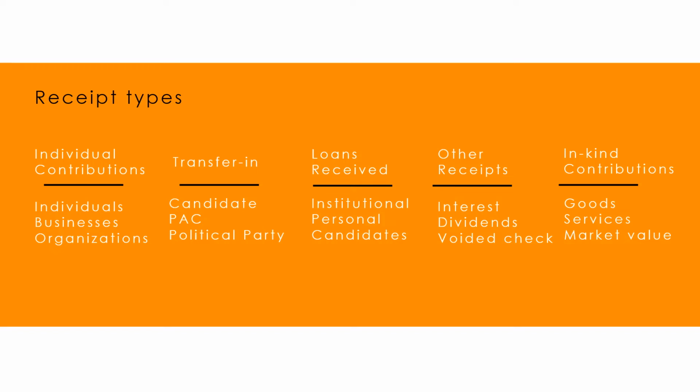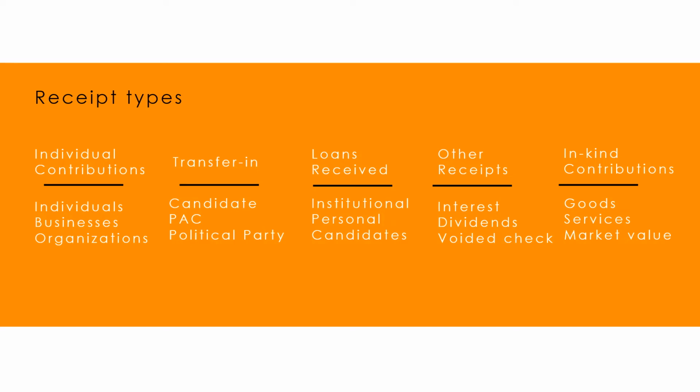For contributions received from businesses, organizations, and associations, the contribution must originate from a general revenue fund to be an individual contribution. The next receipt type are transfers in. Transfers in are contributions from another political committee. Anytime you hear the word transfer, you should immediately think of committee-to-committee activity.